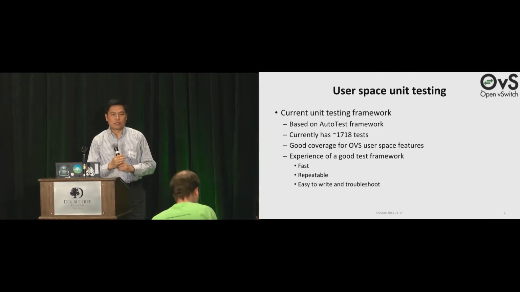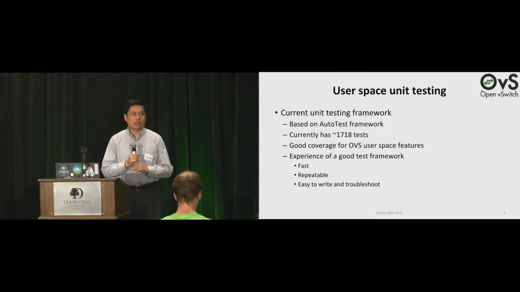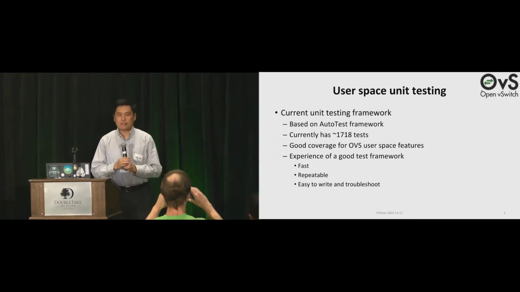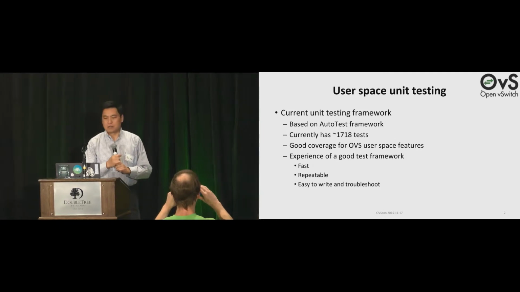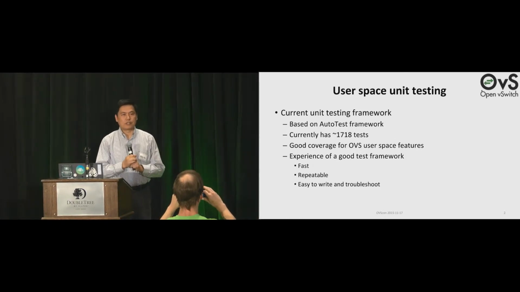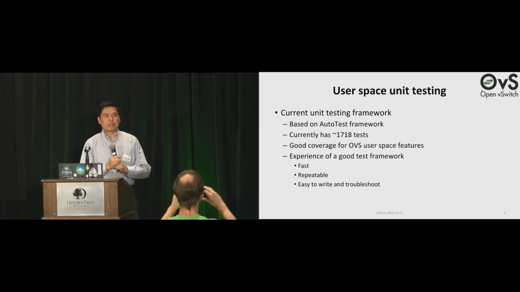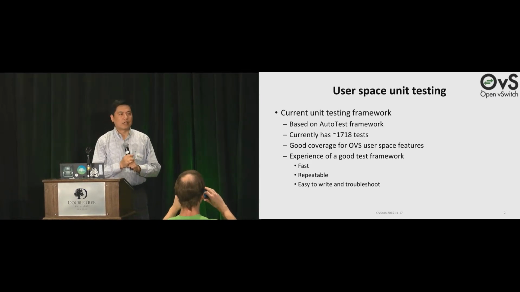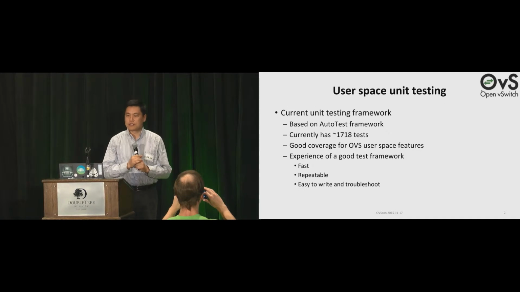Let's review OVS. One secret sauce of OVS being perceived to have very good quality is that we have lots of user space testing. We have about 1,700 tests so far, covering most of the user space features.